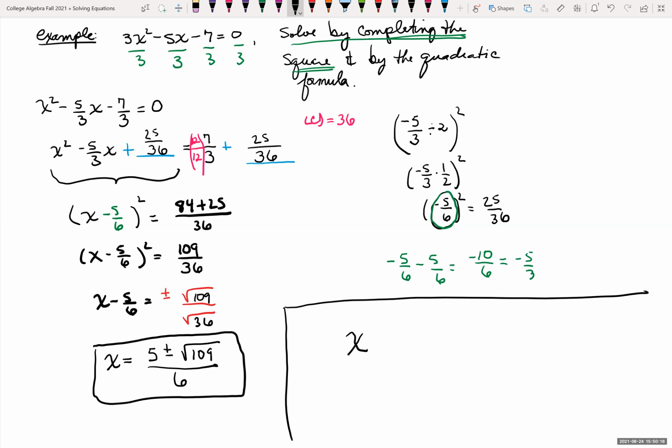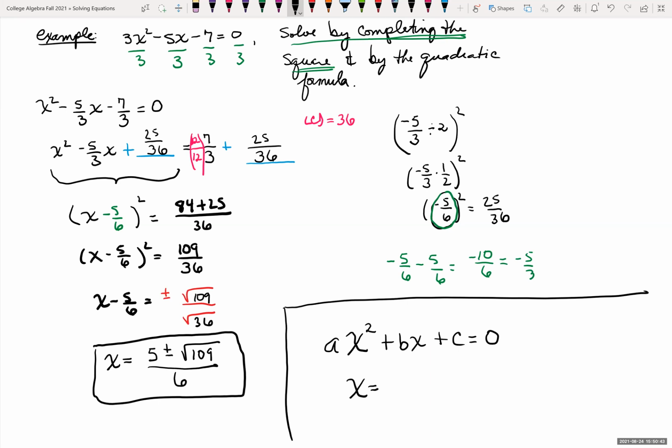Remember, the quadratic equation is in the form ax squared plus bx plus c equals 0, and we can find the solutions by plugging in our coefficients, the numbers in front of our variables or the constant, into this formula.